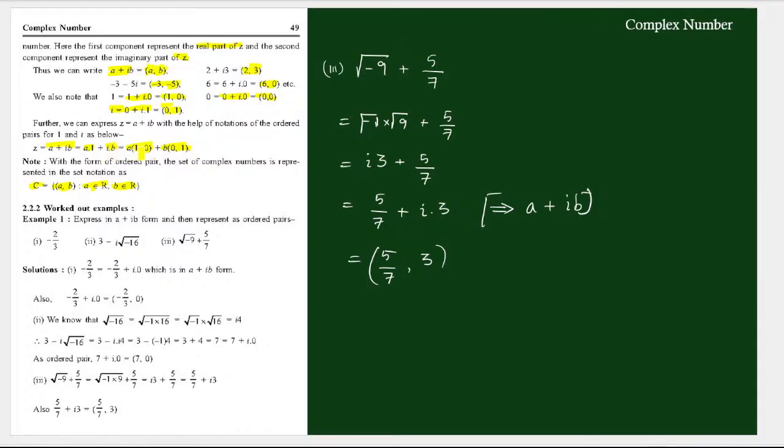So b into 0, b into 1 is b, and then it is in the imaginary part, belonging to the i, like this. You can think in this way. It is not actually like this.